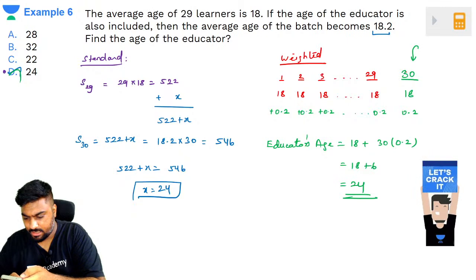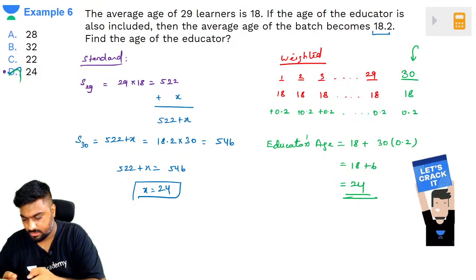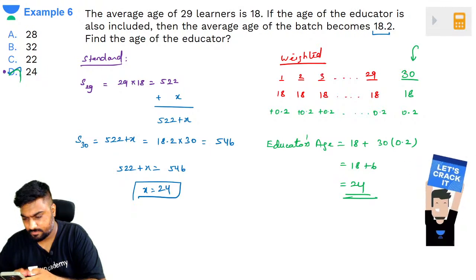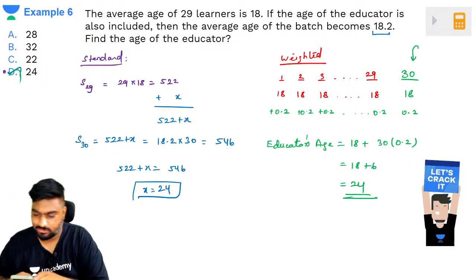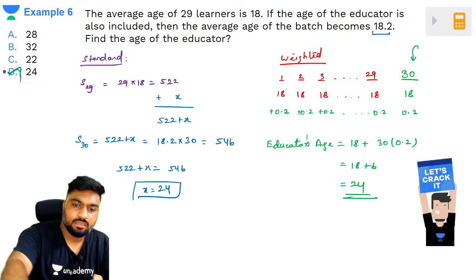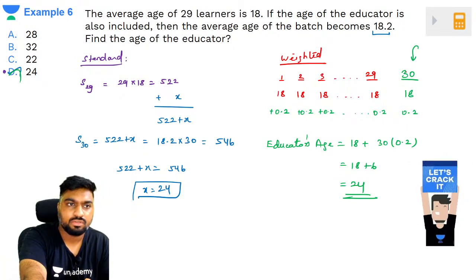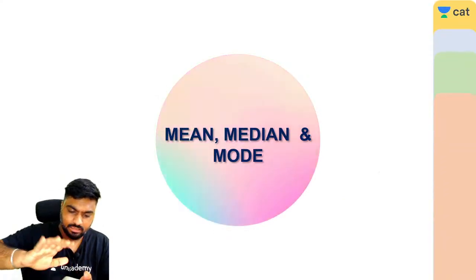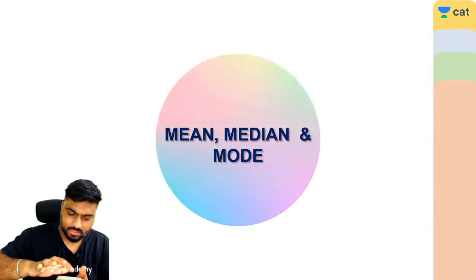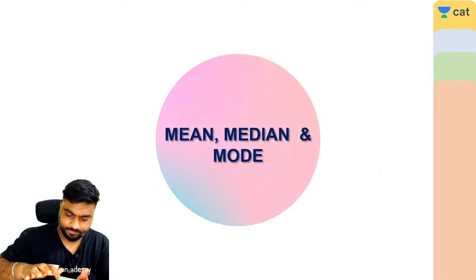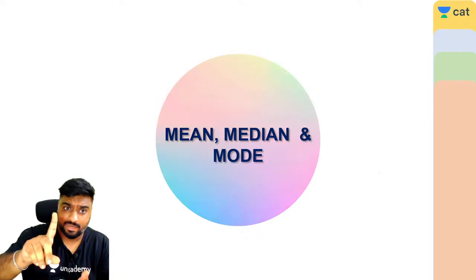I can't see the chat, yaar. Something's happened to the chat. Sorry guys, I'm not able to view the chat. Don't mind me if I don't respond to some messages. Some problem is going on with the internet. One second, give me 1 second. I will try.